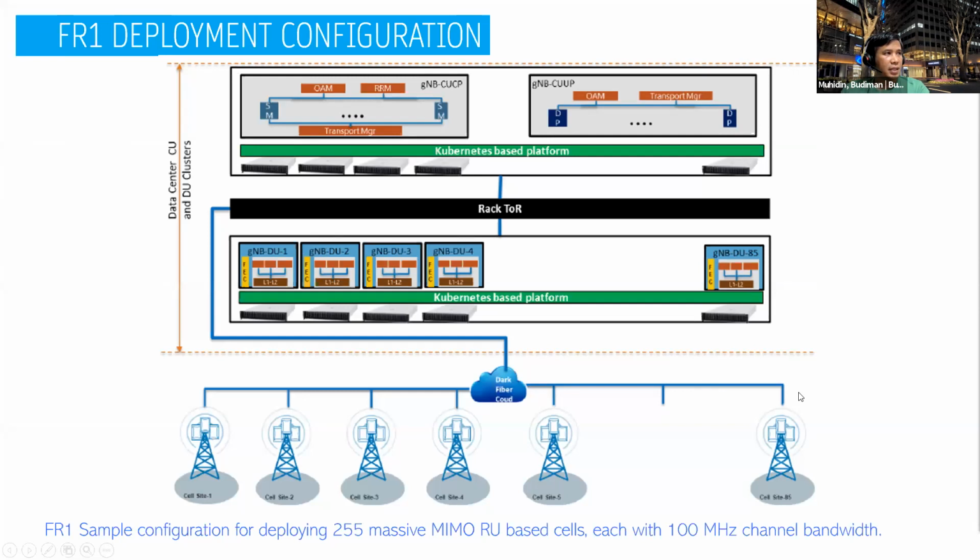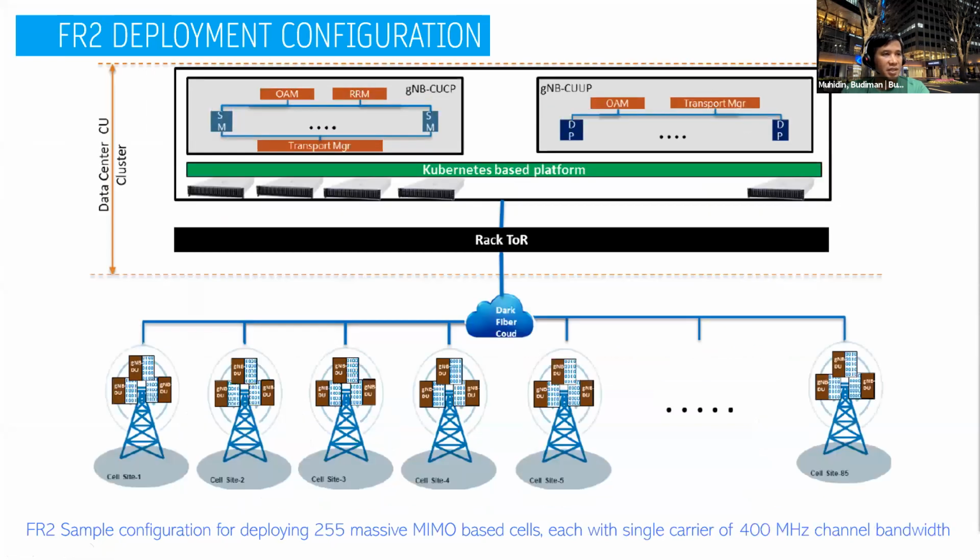And another implementation here is for mmWave. From the CU, we go directly through the dark fiber cloud and connect to the DU and RU in one panel on the cell side.